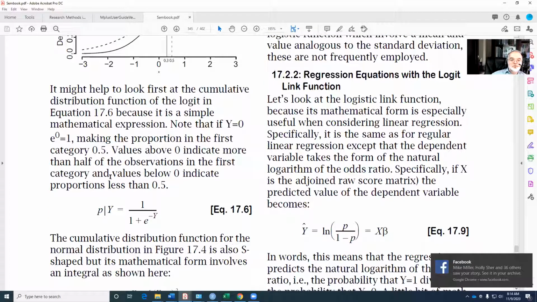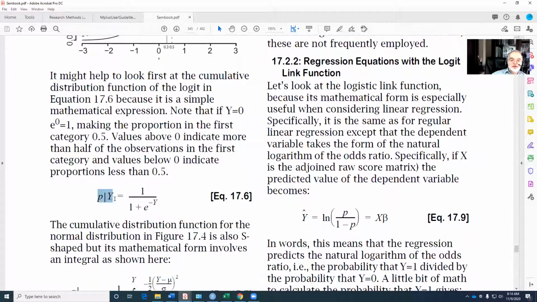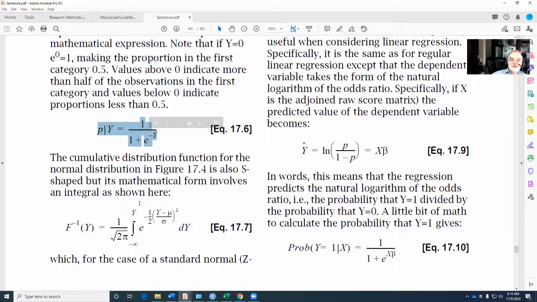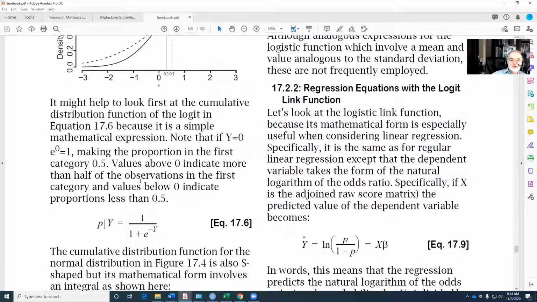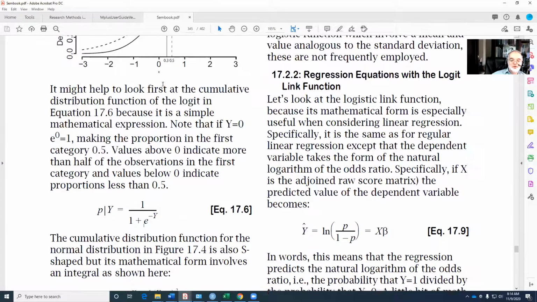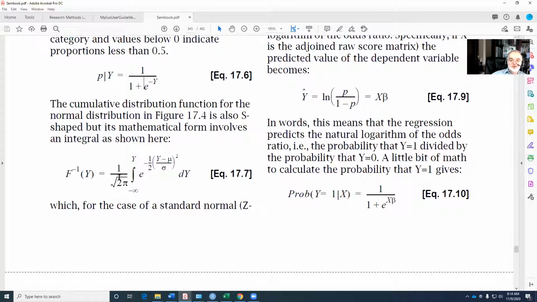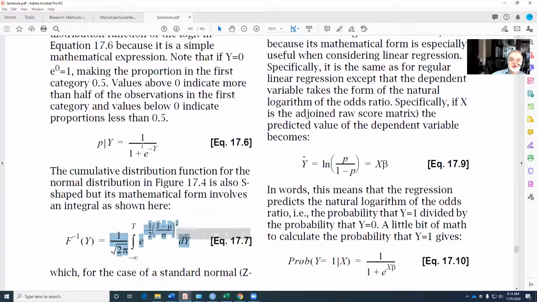And if we're playing with the logistic curve, this particular cumulative distribution function has a nice formula. So as you can see, this is pretty easy. If you're trying to get at the cumulative distribution function for the normal, it involves an integral. So it's a little bit more mathematically complicated, which is why I thought it's just easier to talk about the logit curve for the moment.